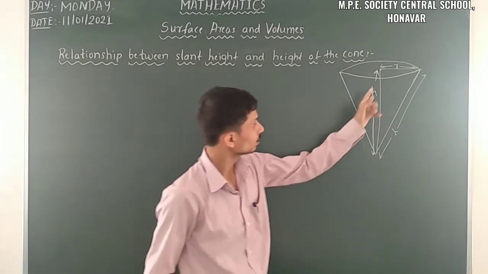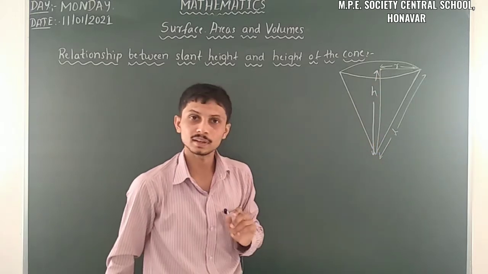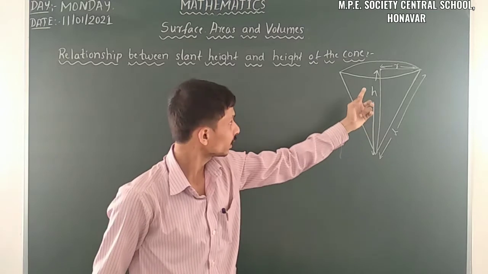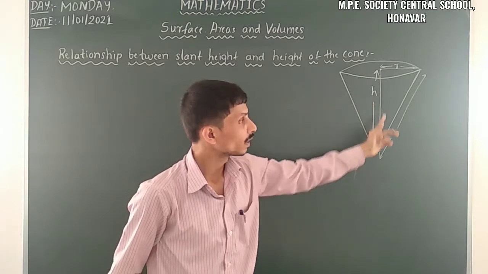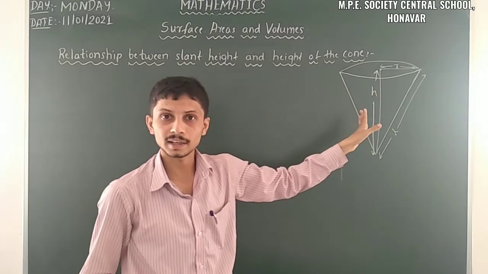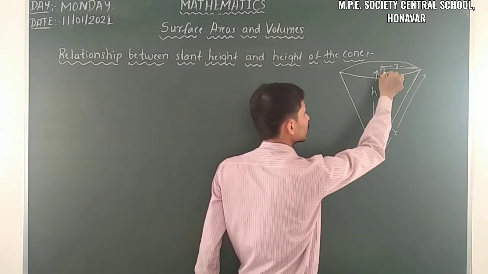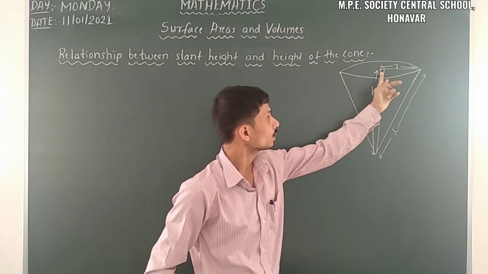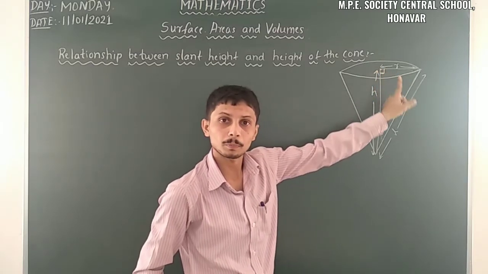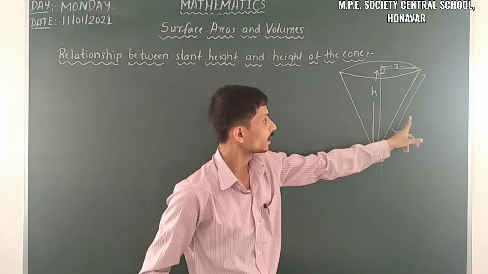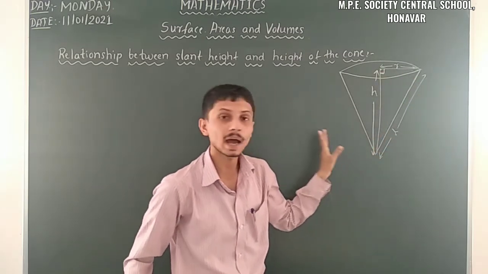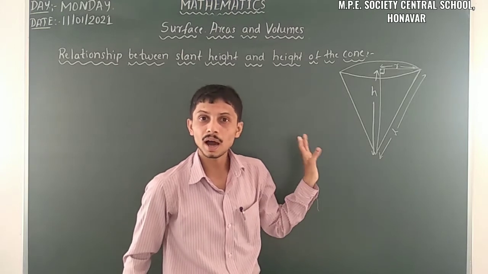Just observe, when we have the height of the cone and the radius, it forms a right angle triangle, with the right angle at this point. The side opposite to this right angle is the hypotenuse.